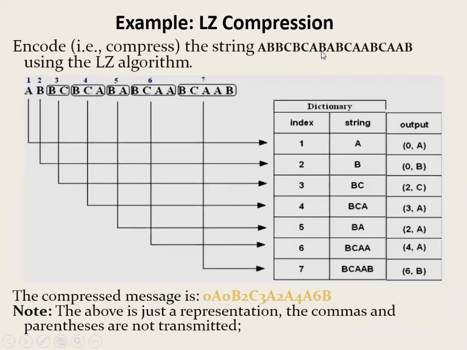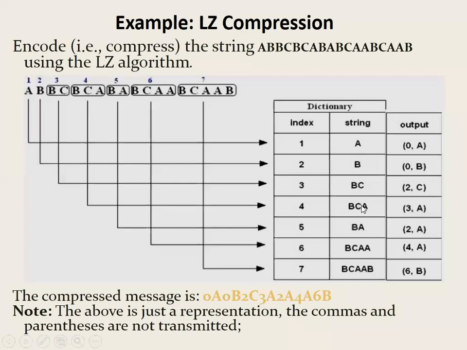The next symbol to refer is B. When we take B, again B is already available in our dictionary at index 2. So to make it unique, we have to add more symbol. Take A. When we add A, it becomes BA. Before we put BA at index 5, we have 4 indexes, 1, 2, 3, 4.